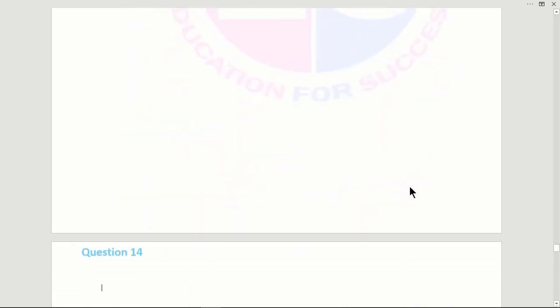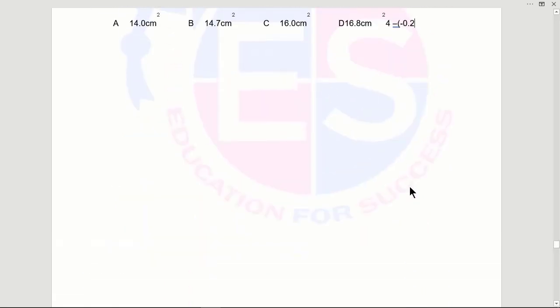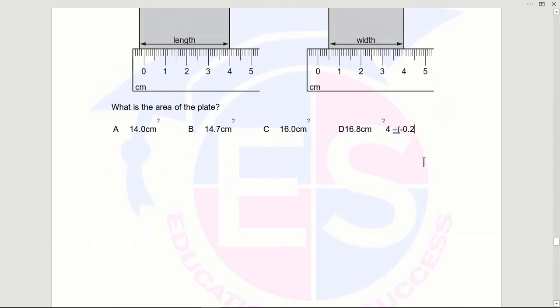Then if I close the bracket, I can find it like this. When this minus minus multiply with each other, they convert into plus. So I can write here, instead of minus, plus. So 4 plus 0.2, it can be 4.2.